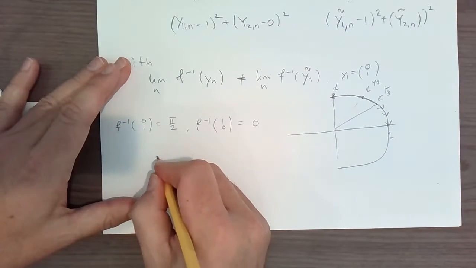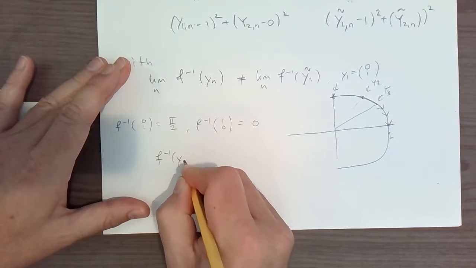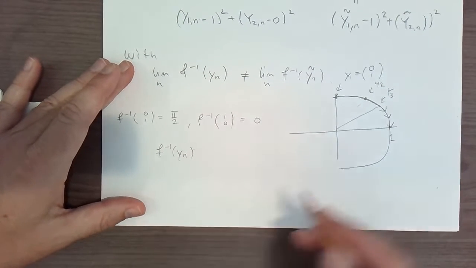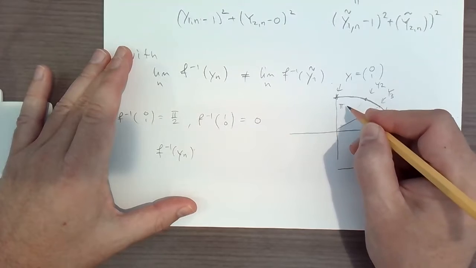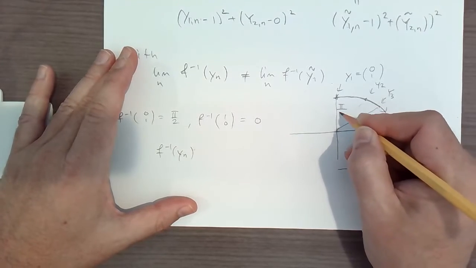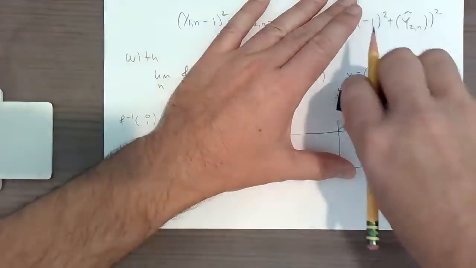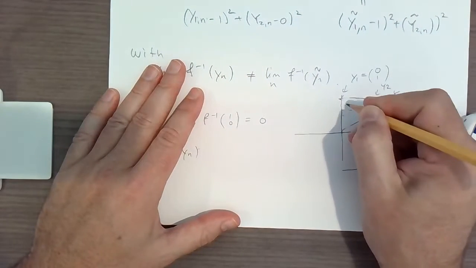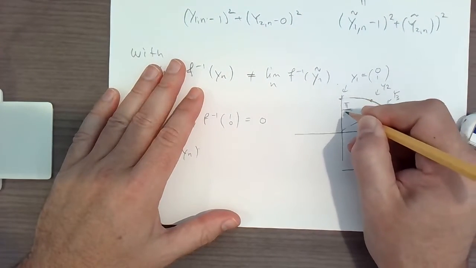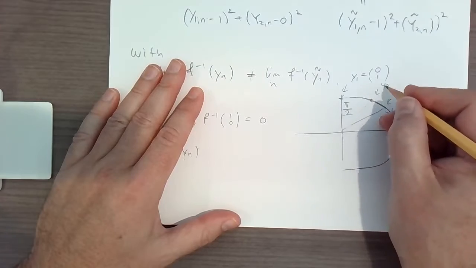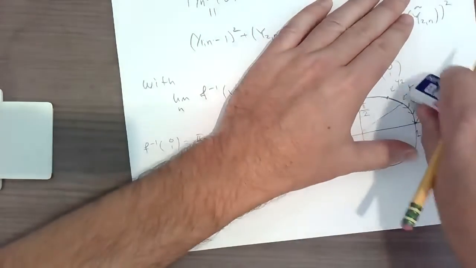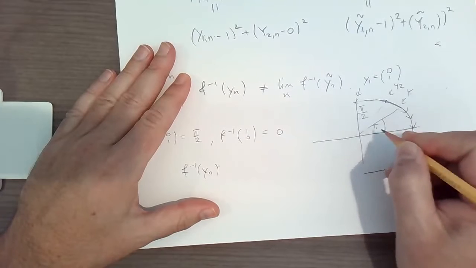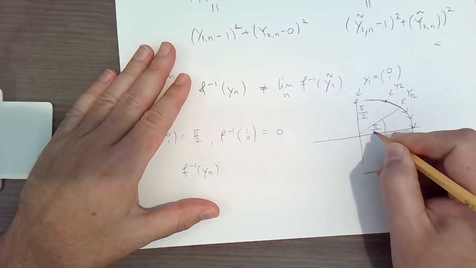So if I look at f inverse of y_n, I could start out with the angle being pi over 2. For y_n here, this angle could be pi over 2n.